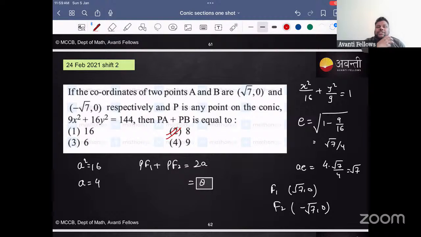If 100 questions are asked from conic sections, 50 questions are from circles only, 20 are from parabola only. And then the rest of the questions are from straight line, pair of straight lines, ellipse and hyperbola. So circle and parabola are majorly important.